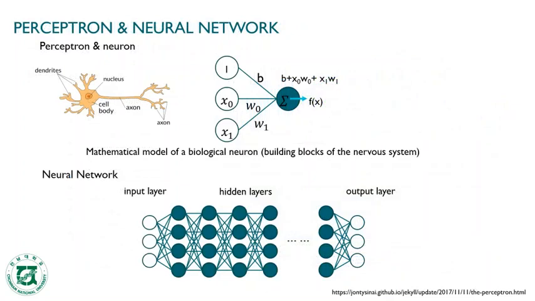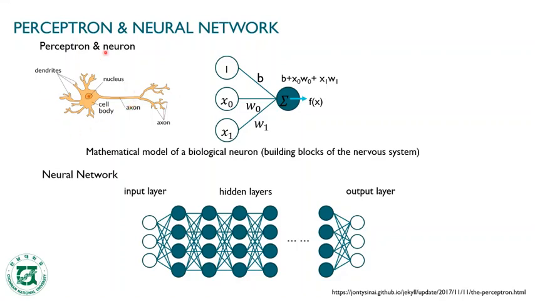Deep learning tries to mimic the human nervous system. It has an interconnected network structure, and the basic building block of this network is called a perceptron. The perceptron is a mathematical model of the biological neuron, which processes and transmits information through electrical and chemical signals.